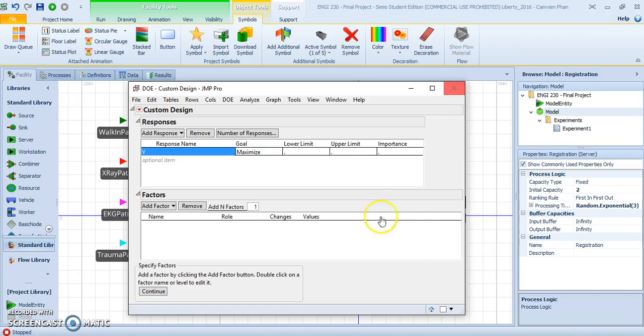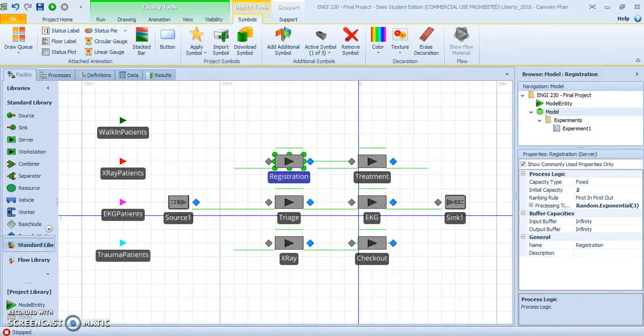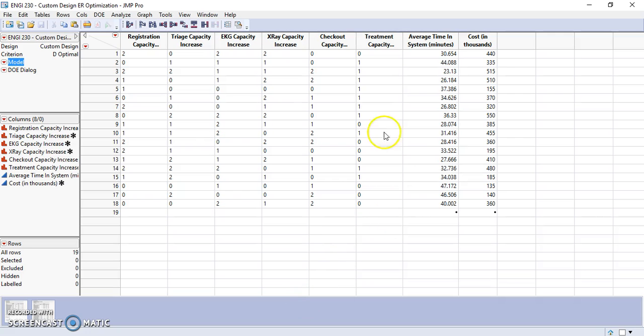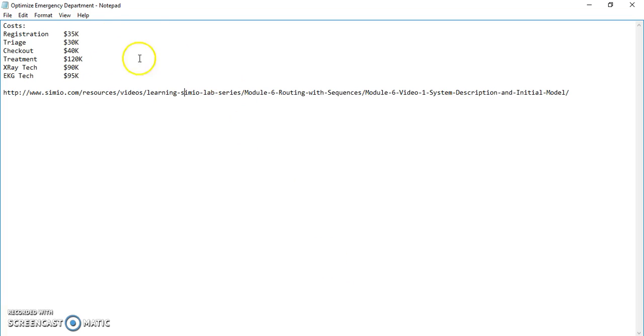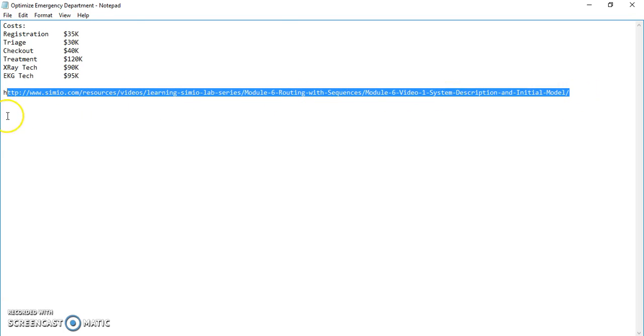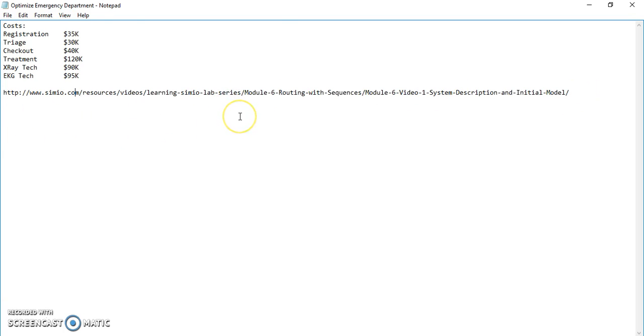I continued, and there were 18 runs by default, so I just went with that. This is what it gave me. Then I plugged in these 2 columns. The way that I did this was previously, and this is a link that I'm going to post below in case you want to learn how to route with sequences, with a healthcare clinic.